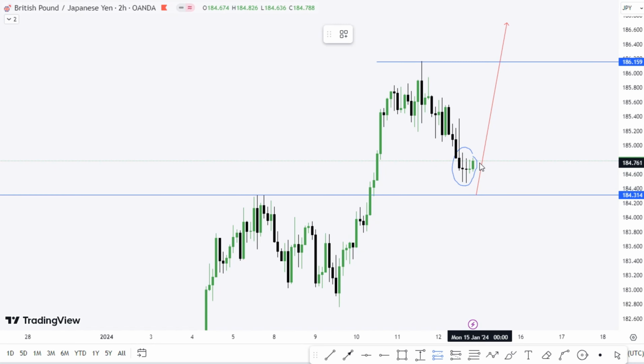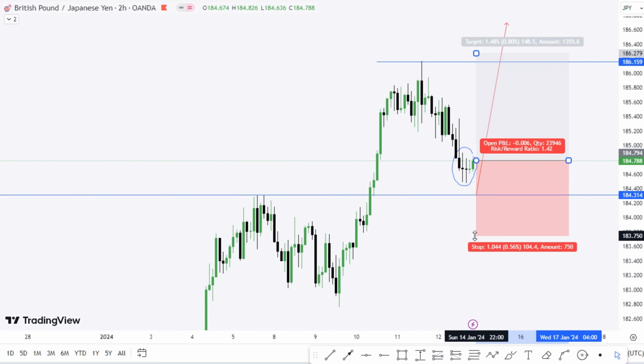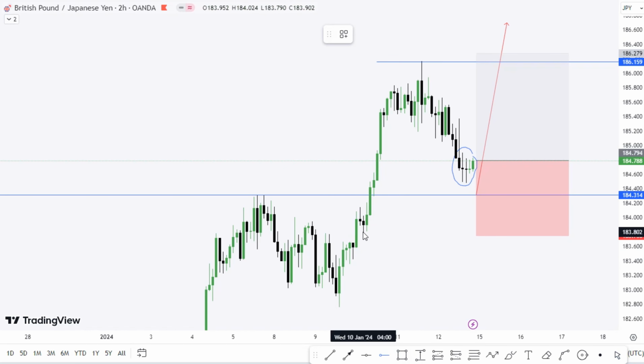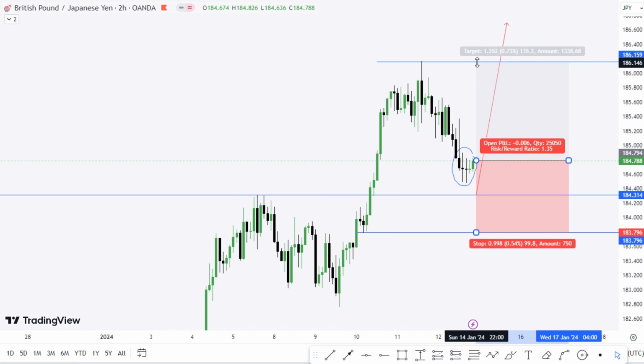So for those who are looking for trades around these areas here, I will simply advise them to take entries around these areas and push their stop losses below these two candles here. That is where I advise them to take their entries, and their take profits around these areas here.